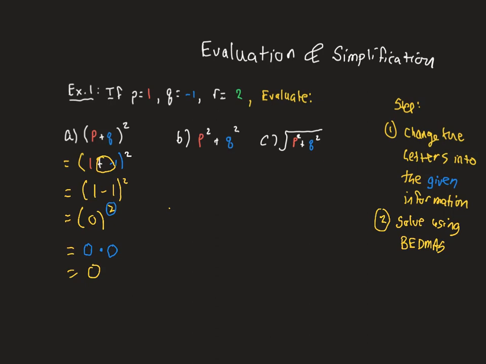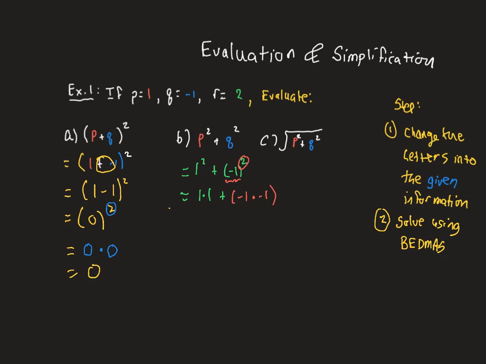So, for this one, p squared, well, you're going to have 1 squared plus -1 squared. There is a reason why I put the -1 in brackets, and that's mainly so that I remember that 1 squared is 1 times 1, plus this 2 applies with everything inside the bracket, which means this is the same thing as saying -1 multiplied by -1.